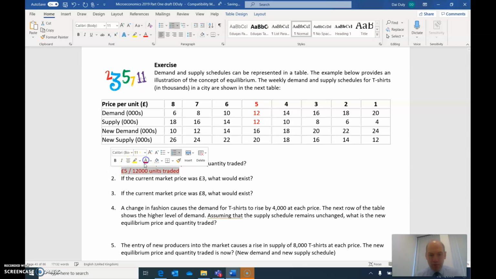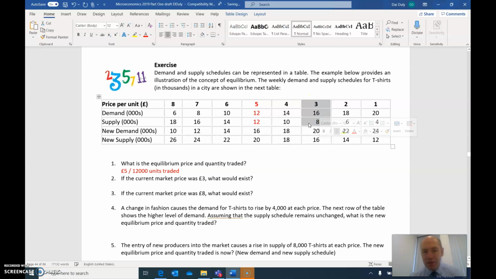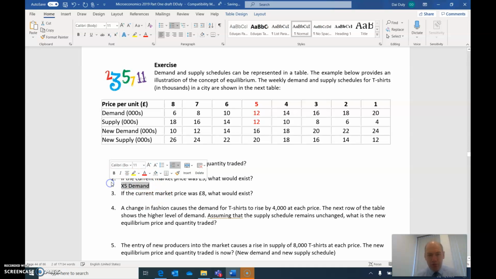In terms of if the current market price was £3, just have a look at what's happening at £3. There's 16,000 units demanded, 8,000 supplied. There would be a case of excess demand. At that low price, excess demand would exist. Some of you may have written something but maybe not used that terminology, so make sure you use the correct terminology.